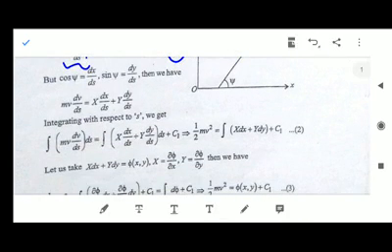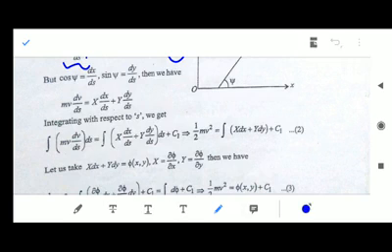Now on integrating this with respect to s, the ds cancels out on the left hand side and we get m v dv. On integration this gives 1 by 2 m v square, and on the right hand side we have the integral of X dx plus Y dy plus c1.